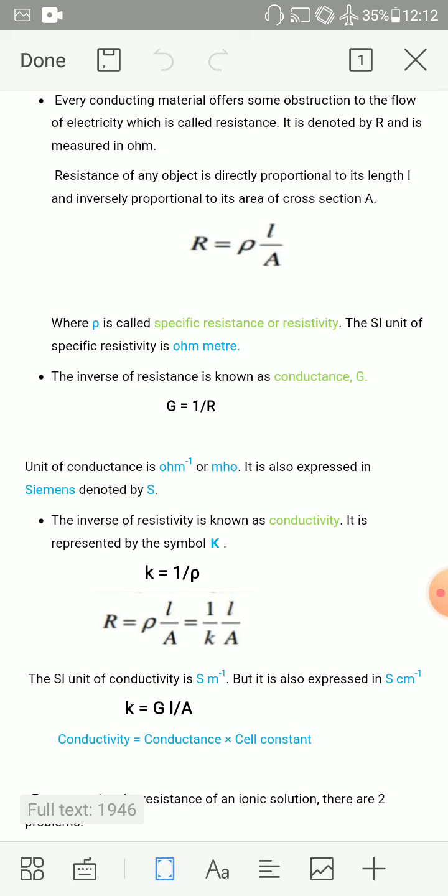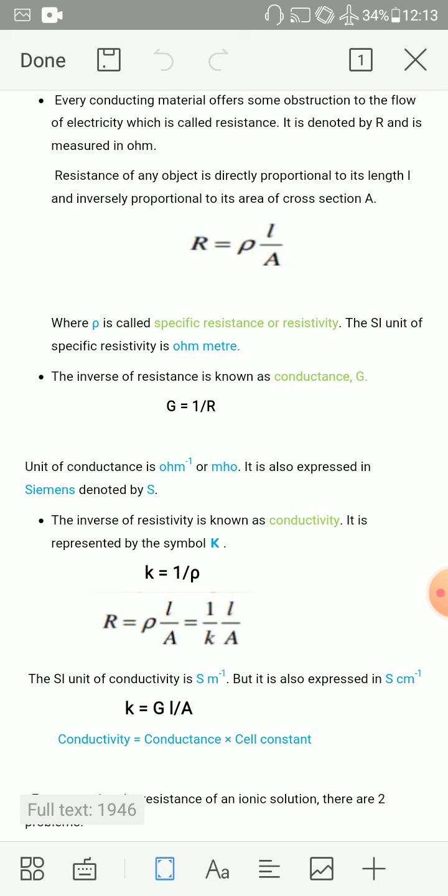So the equation of resistance R is equal to rho L by A becomes, instead of rho you write 1 by kappa, because kappa is equal to 1 by rho. So R is equal to 1 by kappa into L by A. The SI unit of conductivity is Siemens meter inverse.